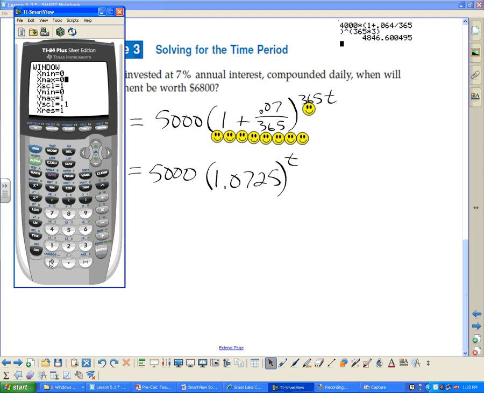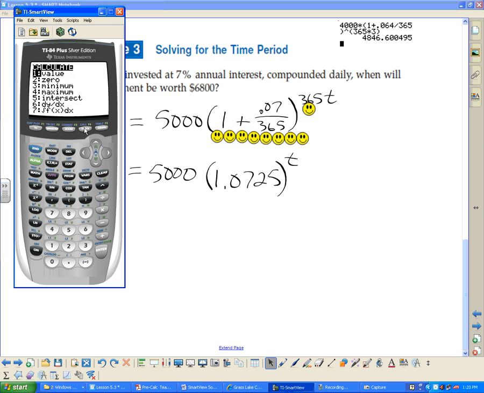So let's go from 0 to 10 for the number of years. And then we need to go to at least 6,800 for our y max, so we'll go to 7,000 and do 1,000 for our steps. And graph it. And we can see that there is our intersection. So we do have 10 years was plenty.